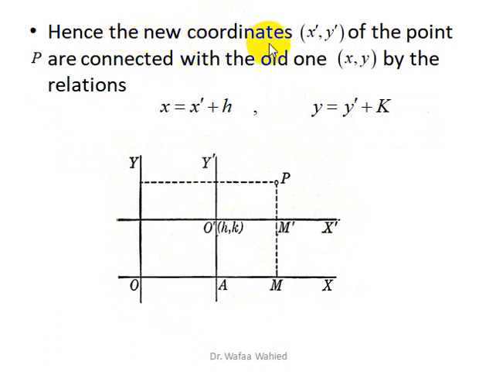Hence, the new coordinates x dash, y dash of the point B are connected with the old coordinates x, y by the relation x equals x dash plus h and y equals y dash plus k, where x and y are the old coordinates of the point B, x dash and y dash are the new coordinates of the point B, h and k are the coordinates of the new origin O dash, and O is the original origin or the old origin.